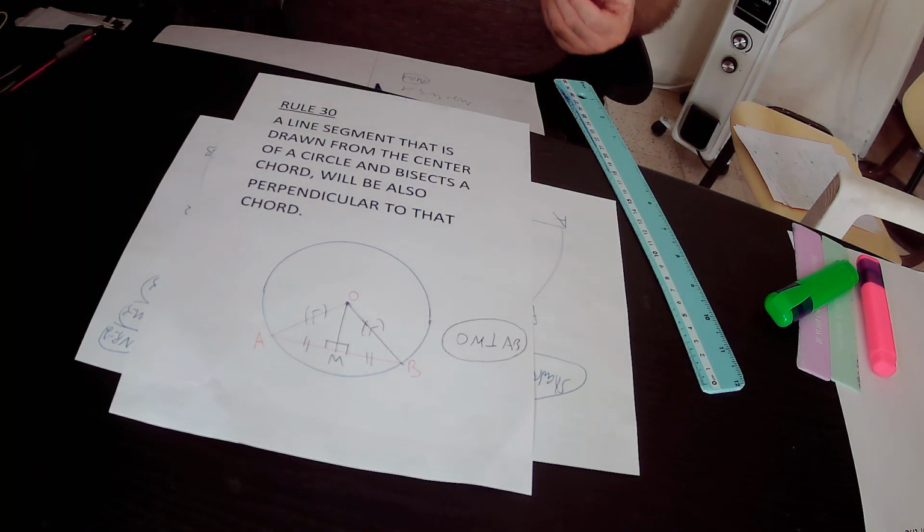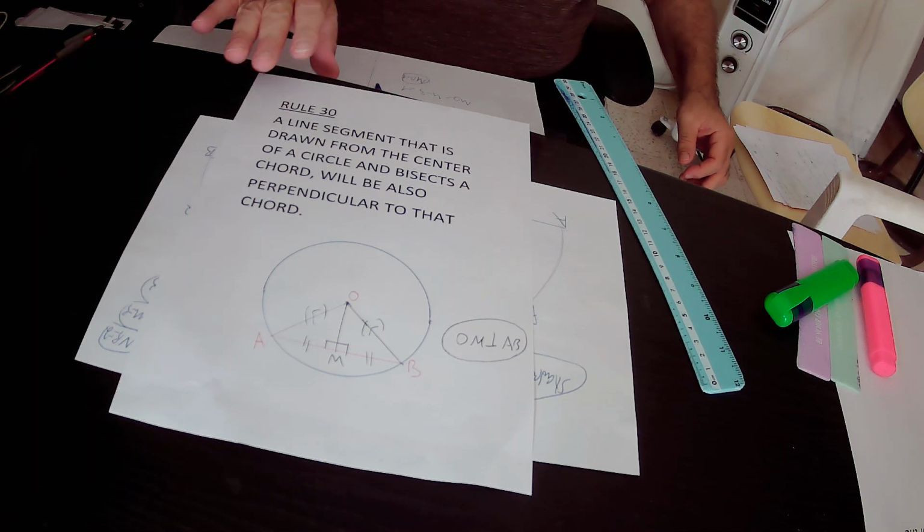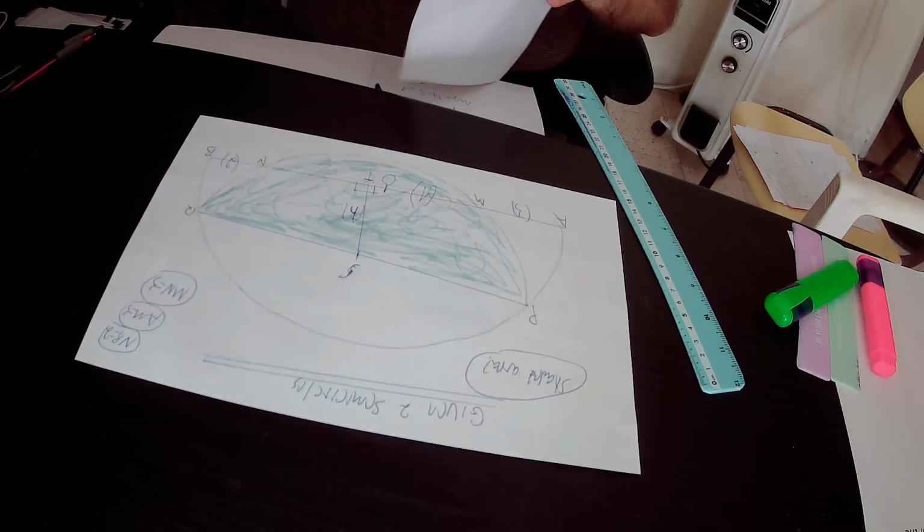So whenever you draw from the center of the circle a line segment that bisects a chord, that line segment will also be perpendicular to that chord. This is according to rule 30. So can we implement rule 30 in our drawing? What is in our drawing?